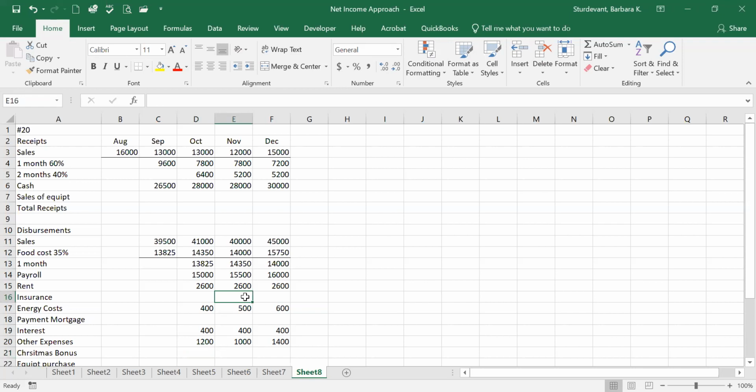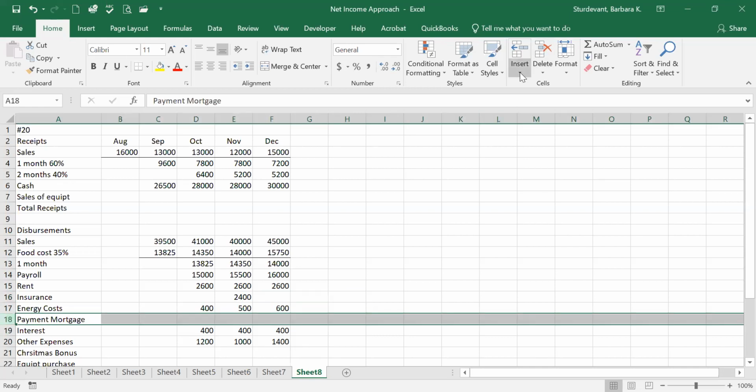Remember that $200 a month for insurance is your adjusting entry, like we did at the very beginning of the semester. Okay, so we've got everything. We don't have a mortgage payment, so let me just take that out of there.